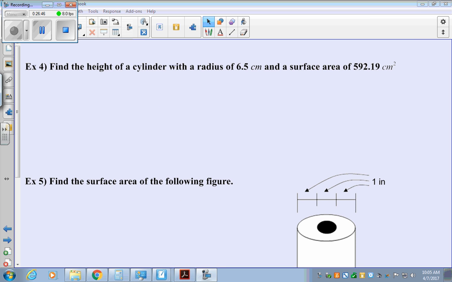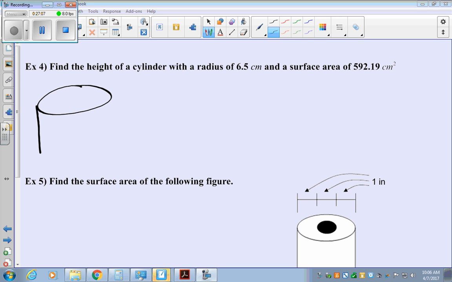Okay, so we're going to find the height of a cylinder, and let's go ahead and practice drawing a cylinder together. So to draw an amazing cylinder, I know you guys are flabbergasted, you draw an oval, so not a circle, but an oval. So it's kind of flat. Draw 2 parallel lines coming down from the edges of your oval, and then just draw the bottom of your oval to represent the bottom of your cylinder.